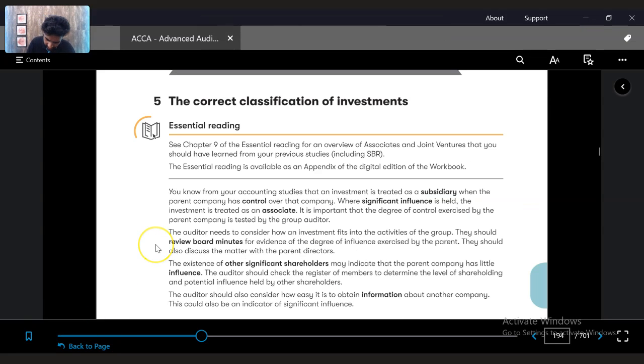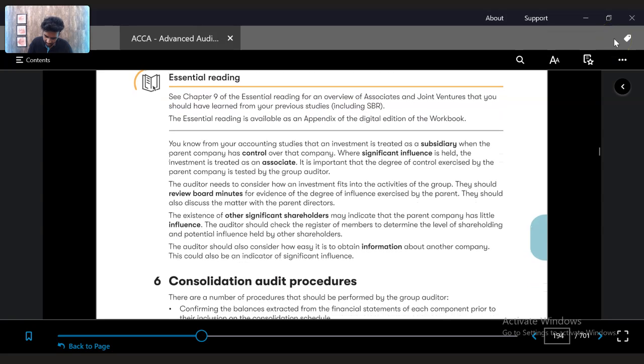The next one is the correct classification of investments. You would have learned in financial reporting that an investment is treated as a subsidiary when the company has control over the other company. Control comes automatically by ownership percentage if the parent entity owns 50% or more.